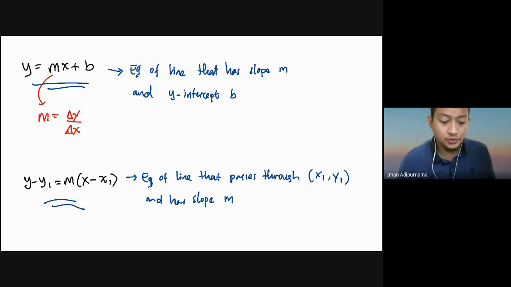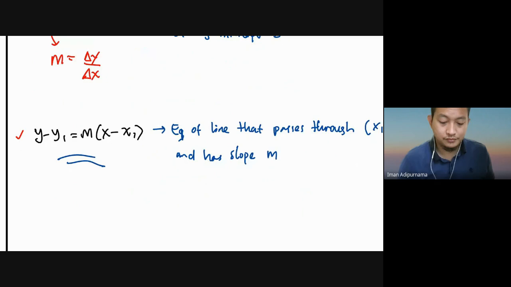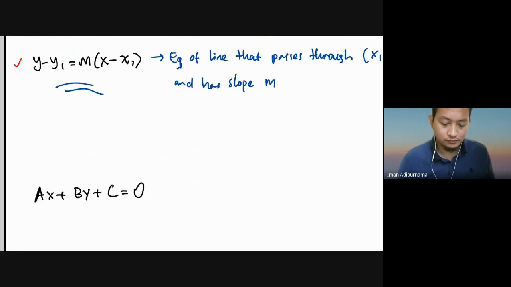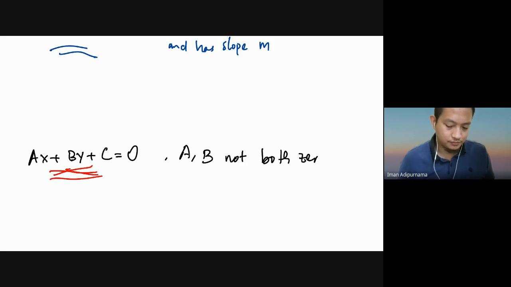We are still going to see this equation of a line. I hope you still remember how to find the line equations. And of course, you can also rewrite the equation and say that this is also a line equation, where a, b are not both zero.